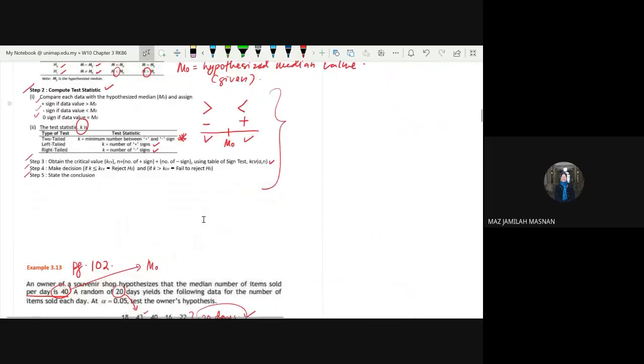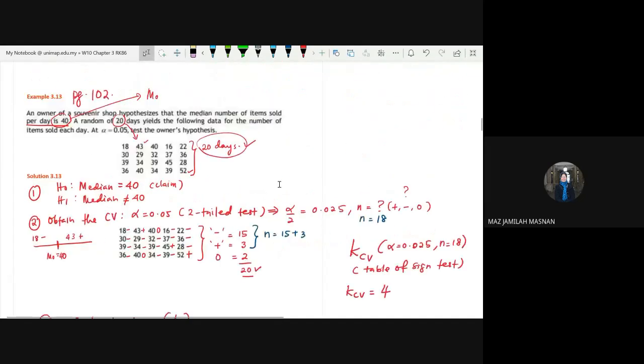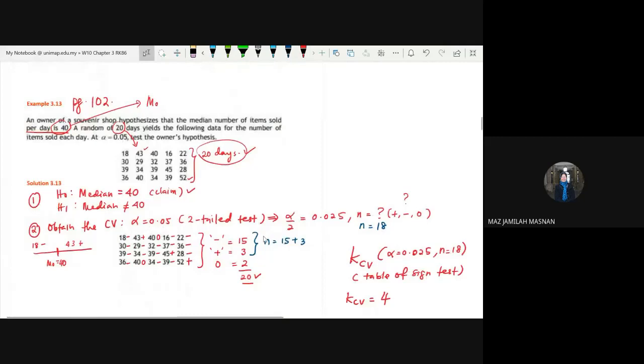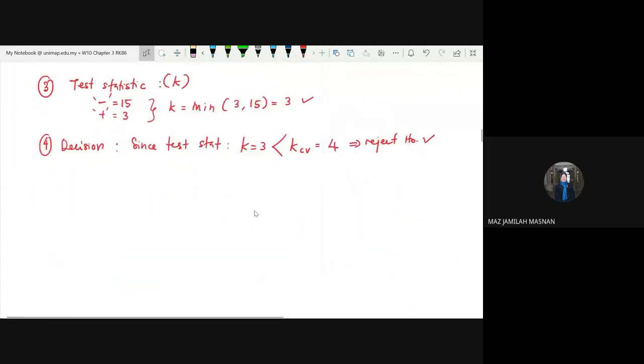From the step, if K is less than or equal to KCV, then you reject the null hypothesis. Otherwise, you fail to reject the null hypothesis. So in this case, we reject the null hypothesis, which is your claim that you need to test. It seems we have sufficient evidence to reject the claim.